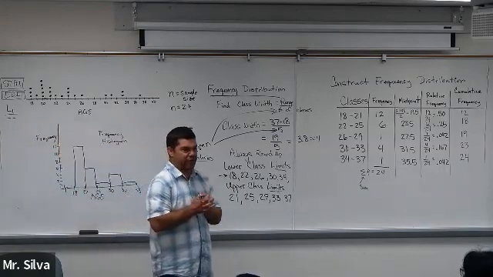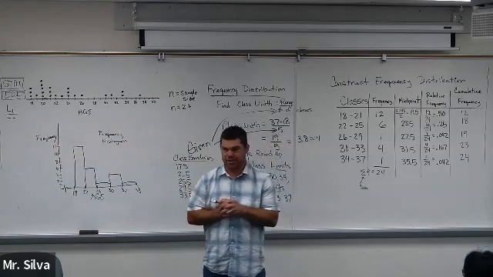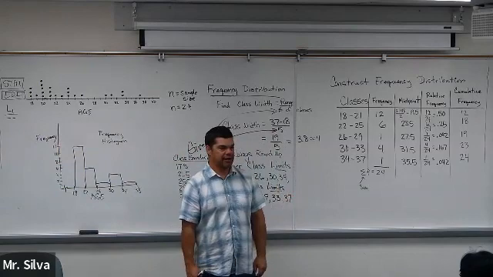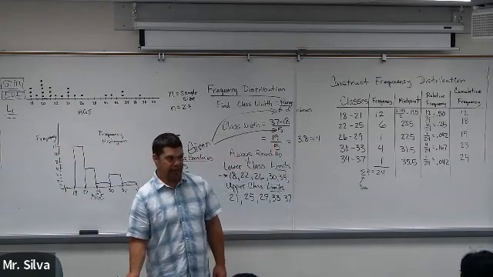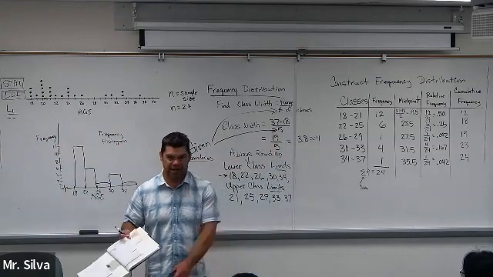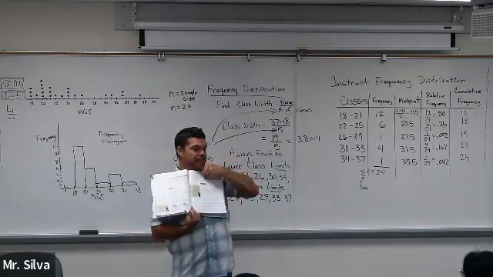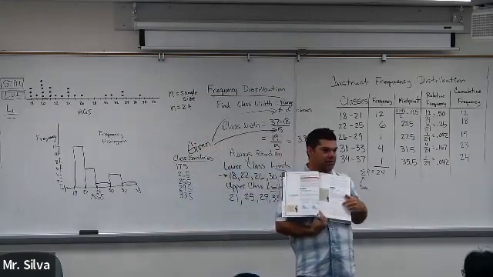There's another thing called a frequency polygon. Frequency polygons are not really mentioned very much in our book, and in the big picture of understanding statistics, they're not really that important. All it does is connect the midpoints, and this is why the midpoint would be used. They use the midpoints and they just connect the dots instead of using bars.